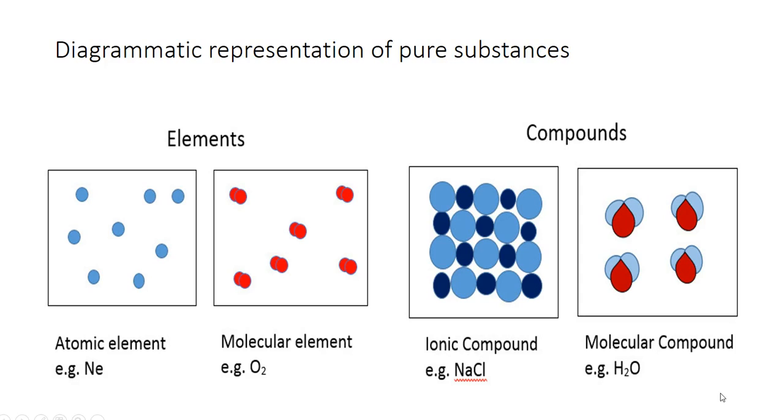And because of that, molecular compounds mostly have low boiling and melting points. But the question is, do we have a situation where molecular compounds can exist also as three-dimensional structures? The answer to that question is yes. We have that situation, especially when we deal with carbon, as we will see later.